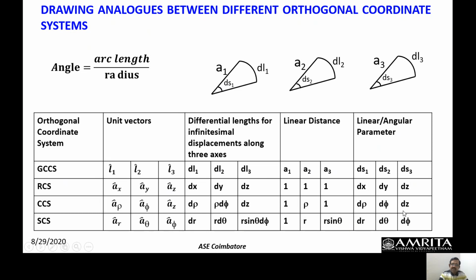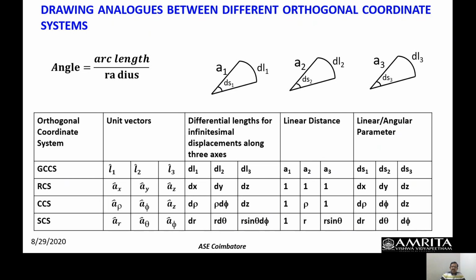But in case of cylindrical polar coordinate system, one of them is involving an angle, so there I got to multiply with the factor rho. But in spherical polar, two of them involve angles, one is theta, the other is phi. So if you see here, the infinitesimal displacement in spherical polar coordinate system becomes dr along ar hat direction plus r d theta along theta direction a theta hat plus r sin theta d phi a phi hat. I hope this is very clear.